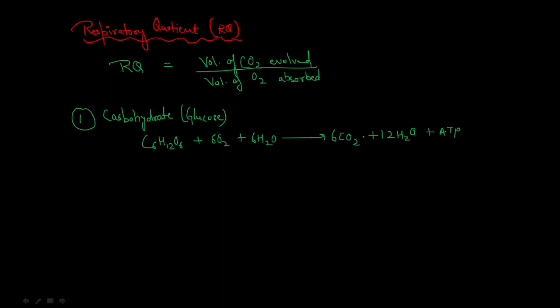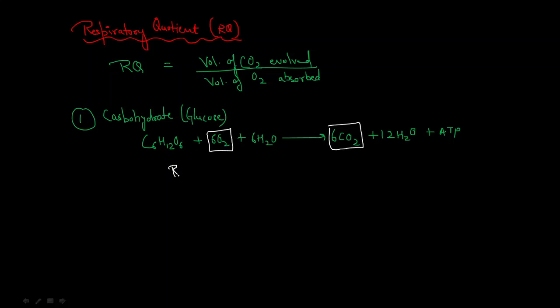This is a balanced reaction when we are using glucose as a substrate. Here we notice that 6 molecules of oxygen are getting absorbed and 6 molecules of carbon dioxide are getting released.